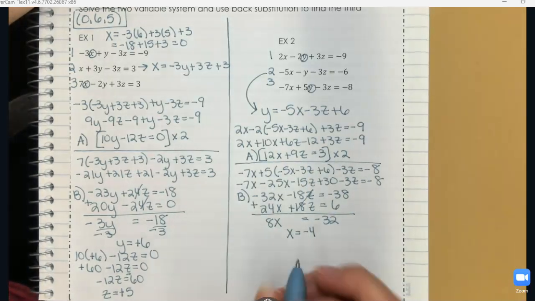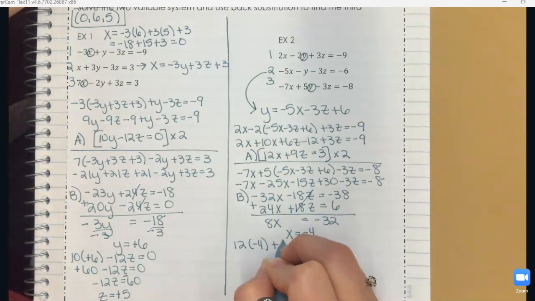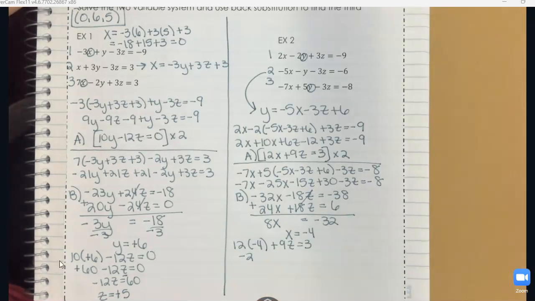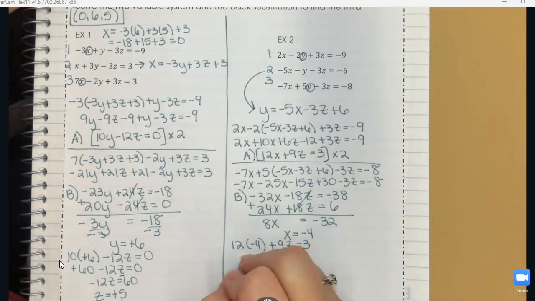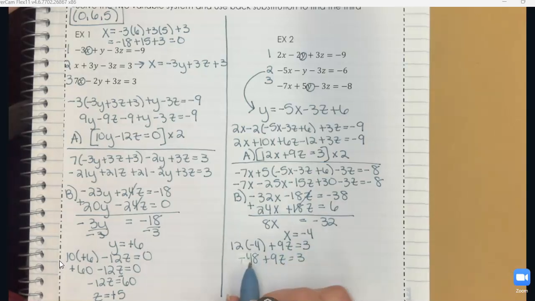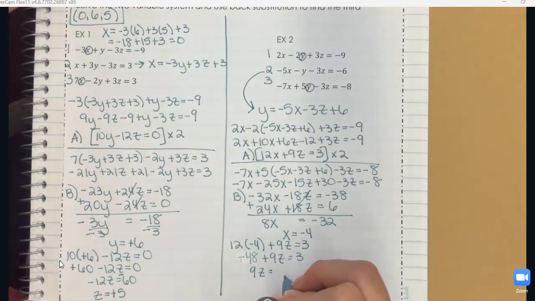Equation A, before I mess with it, has my smaller number, so I'm going to go with that one. 12 times negative 4 plus 9z equals 3. That's not 24. That is going to be negative 48 plus 9z equals 3.